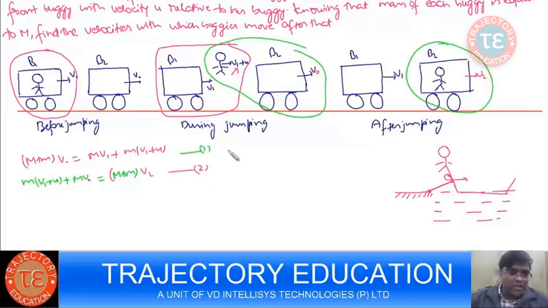So this will be the good equation. You solve these two equations, you will get v1 and v2. That's how you do the problem of conservation of linear momentum.